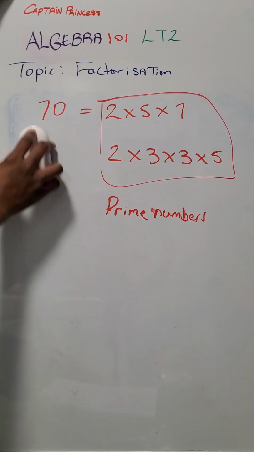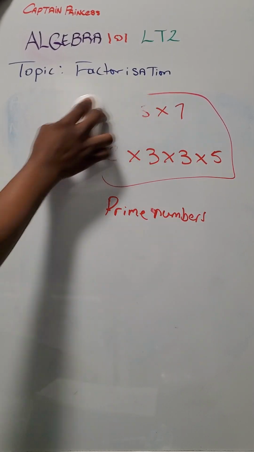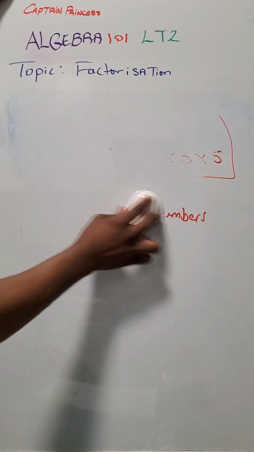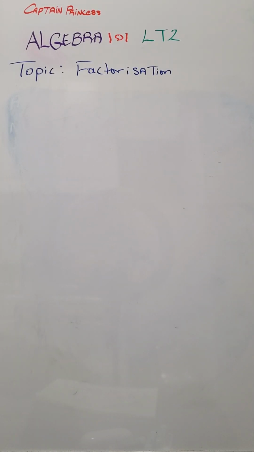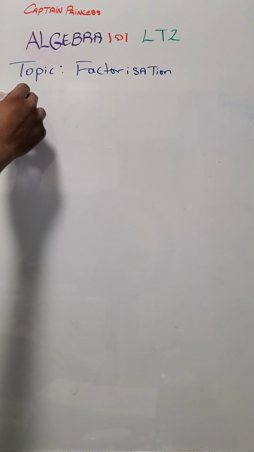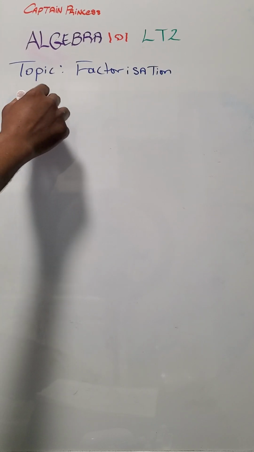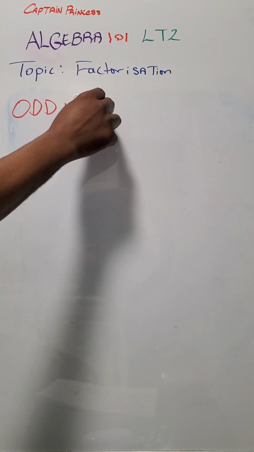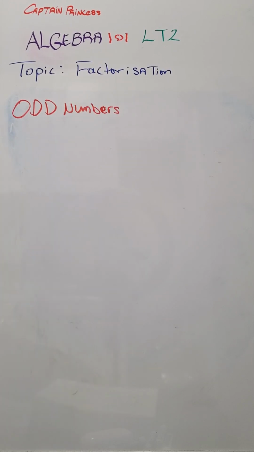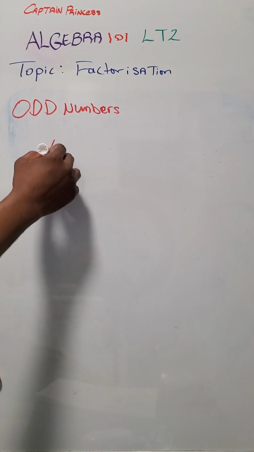Now, speaking about numbers, let us label and identify some numbers. So we're going to first start off with odd numbers. Now, what are odd numbers? Numbers that cannot be divided by 2 evenly. For example, 1.